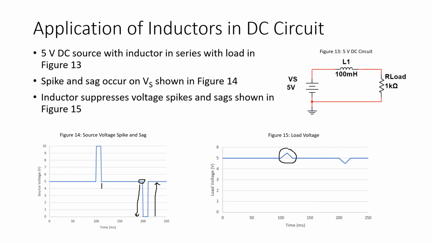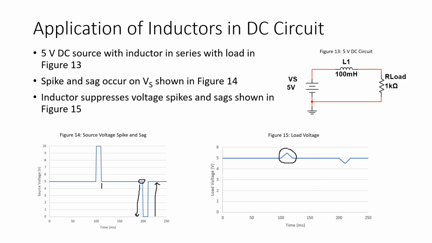So with this presentation, we looked at the operation of inductor resistive circuits, LR circuits, with a DC voltage, where we energize and de-energize the inductor and see that the changing magnetic field in the inductor induces a voltage that opposes the change in current.